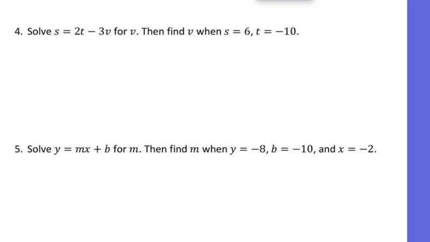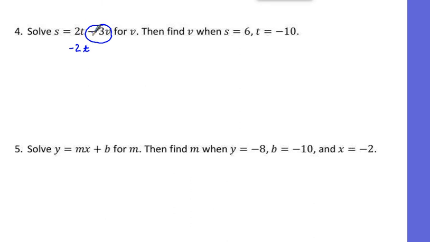Example 4. S equals 2t minus 3v. We're solving for v. The term that includes v is negative 3v. I need to take the positive 2t and move that to the left by subtracting, the inverse operation of that addition.